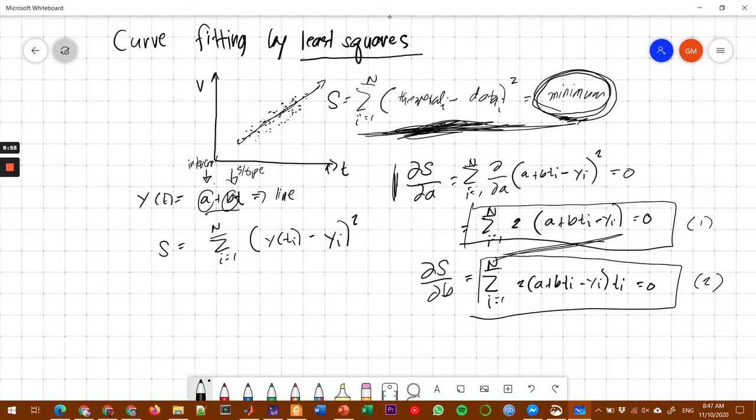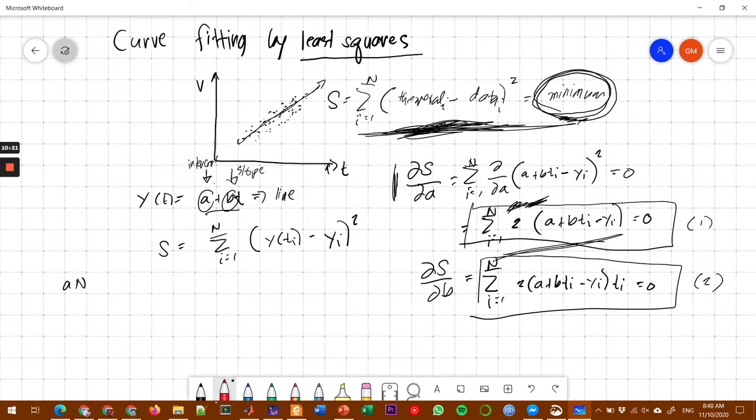It's easy to show that you have an n. Why? Because the 2 is cancelled. Then what is left is this one, this equation.